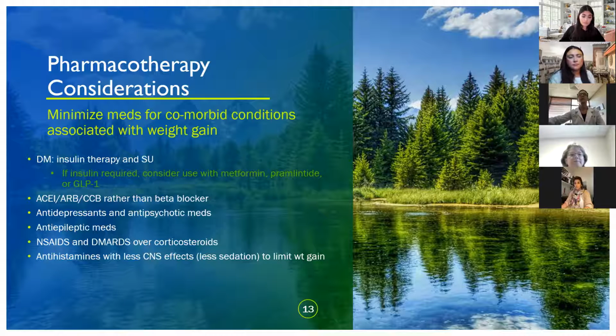So speaking of diabetic care, we always know that insulin has been known to cause weight gain, but also the class of drugs called sulfonylureas. If you're going to use those therapies or if they're needed, you might consider using them with other medications that help with weight, including metformin and GLP1 type agents.